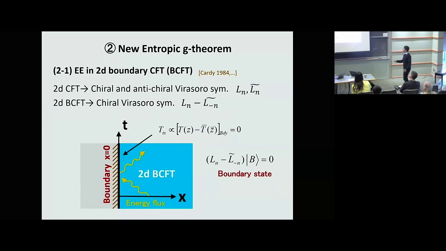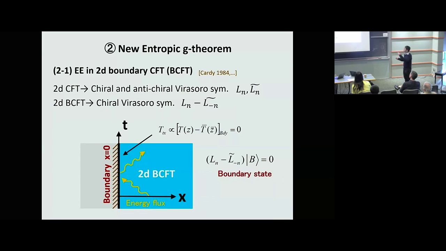If we look at this x direction as a time direction, so it's like a double Wick rotation, then this looks like a quantum state, called a boundary state, and it satisfies this Virasoro condition. So this is a fixed point. At the boundary, this preserves half of the conformal symmetry.